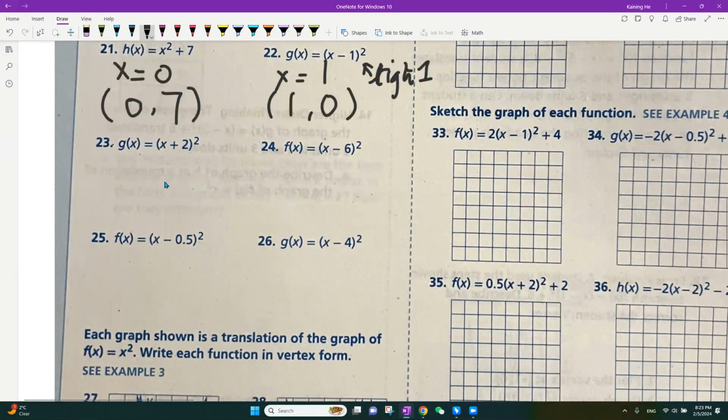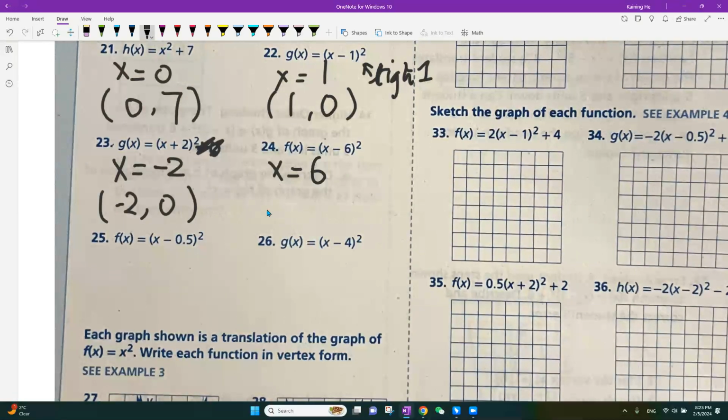Next one, number 23. X equals negative 2. Wonderful. Keep going. And then negative 2, 0. Wonderful. Since I'm not moving up or down, since I'm adding a 0 at the end, since I didn't do anything at the end. X equals positive 6. Wonderful. Move on. And then it's 6, 0.